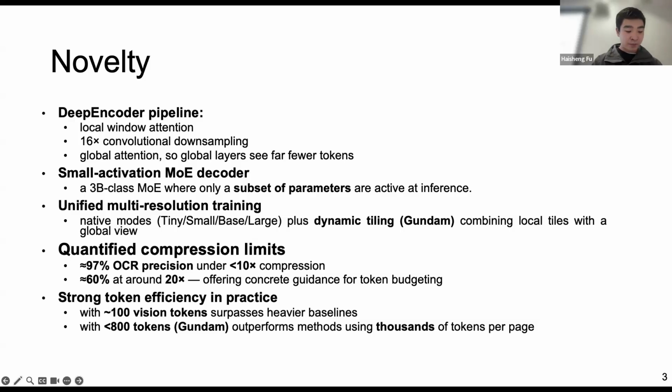Second, they propose a mixture-of-experts decoder around the 3 billion parameter class, where only a subset of the experts is active per token. So you can get the capacity without paying full compute at each step.